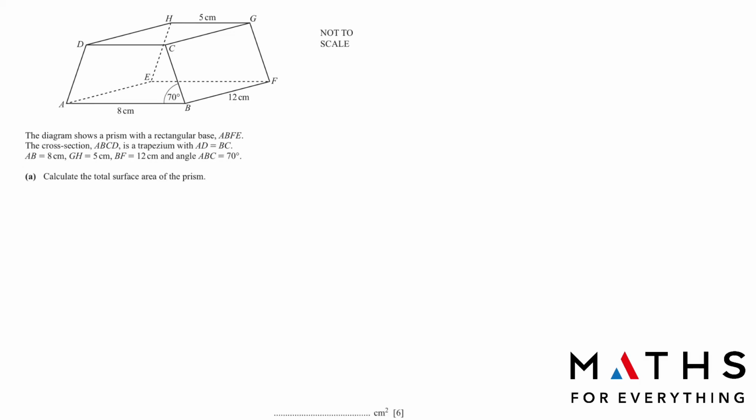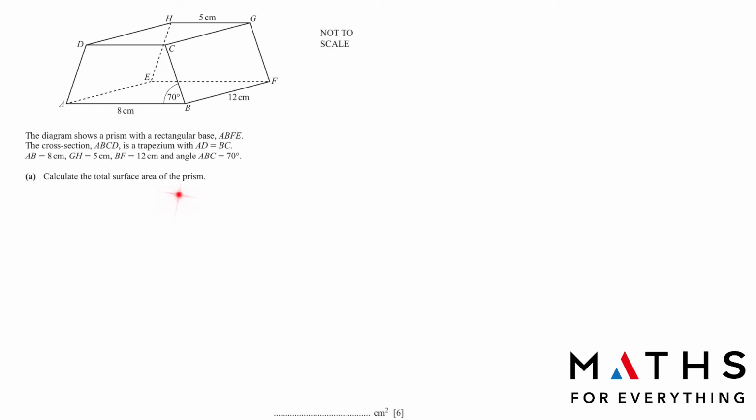We have been given a prism with a rectangular base ABFE. The cross section ABCD is a trapezium with AD equals BC. AB is 8, GH is 5, BF is 12. The angle ABC is equal to 70 degrees.